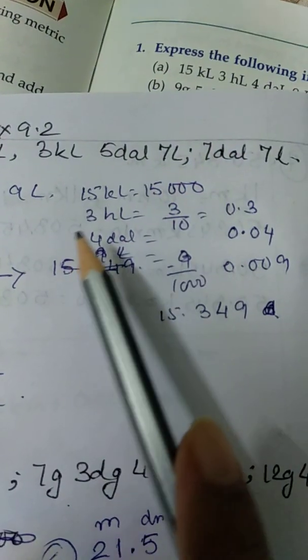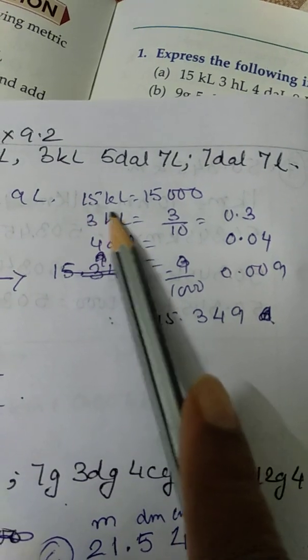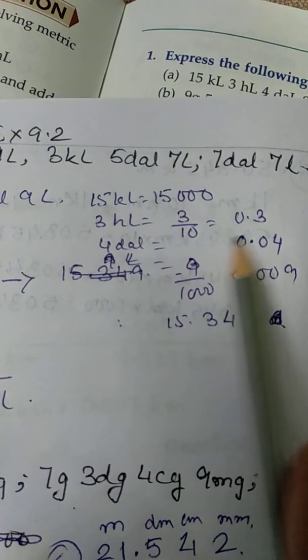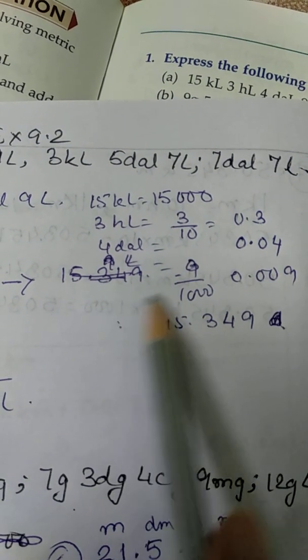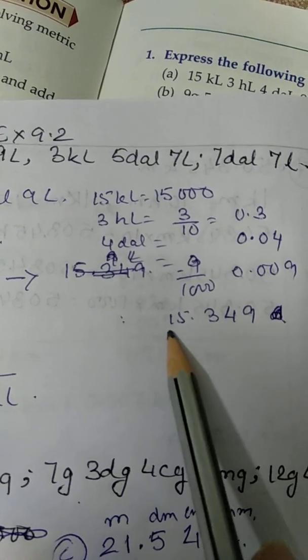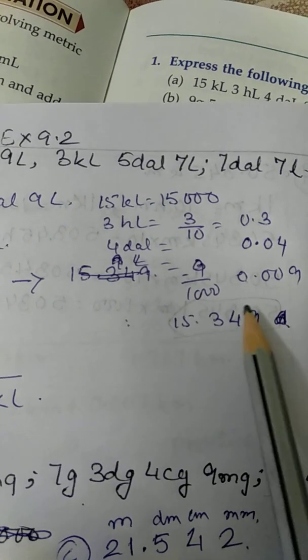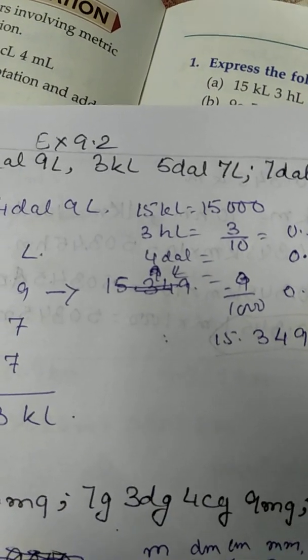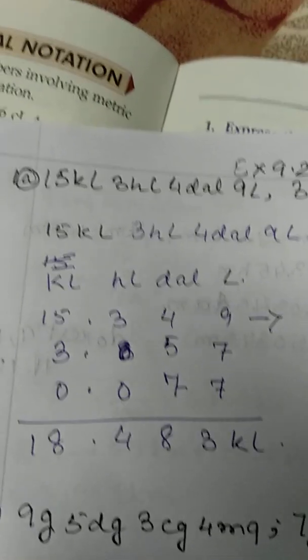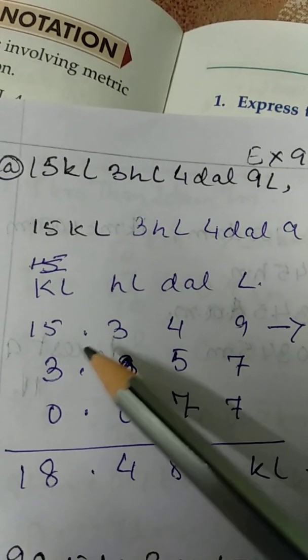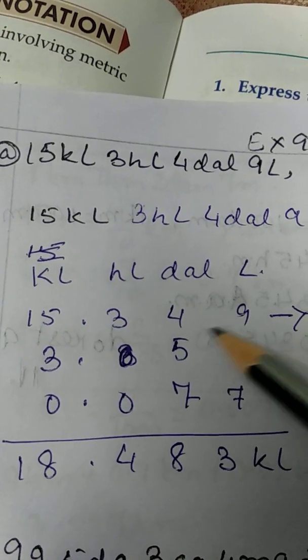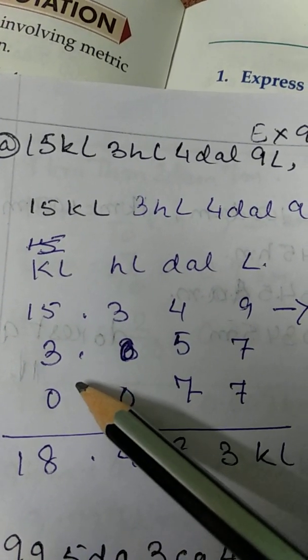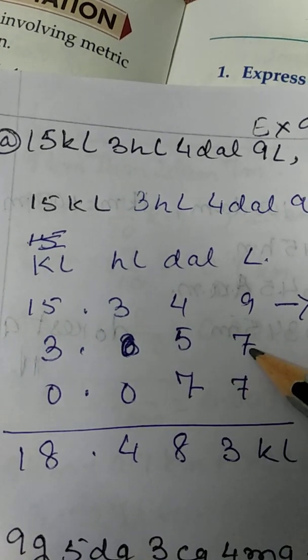Here, as we have converted 15 KL into 15.349 L, this is the sum. Now, as I have solved one, I want to show you the rest of the sum. So this is how we are writing 15.349. Then it was 3 KL, 5 DL, 7 L, 7 DL.